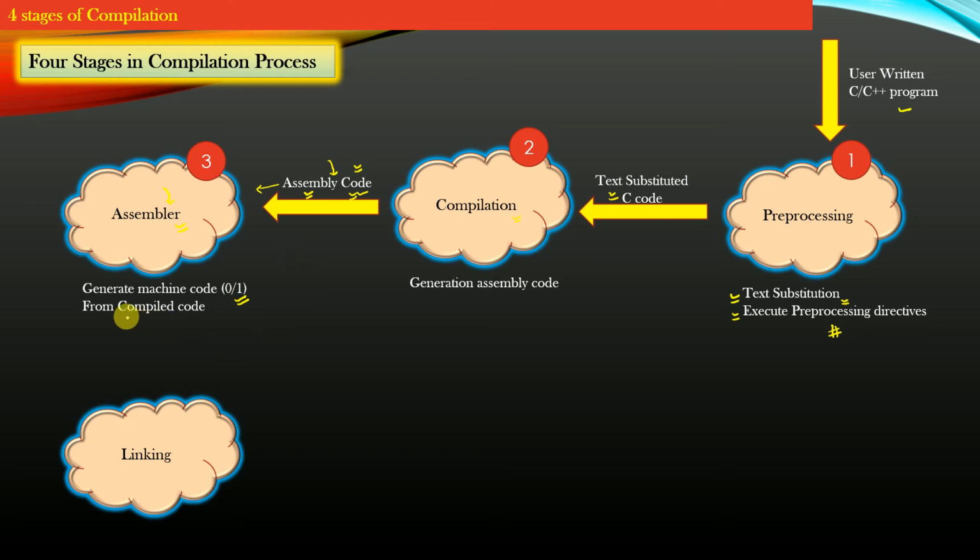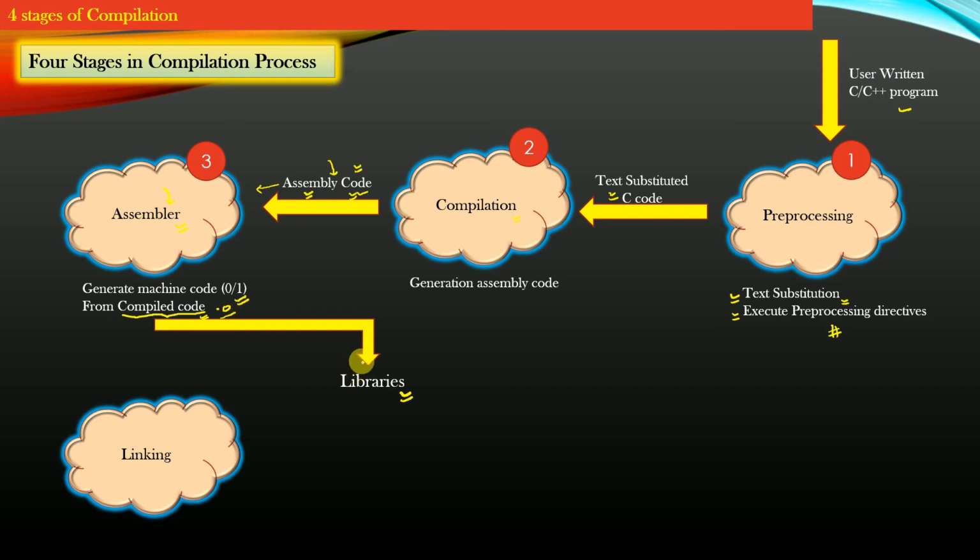Now once you have compiled code, that means your .o files, that is object files. If there are more than one object files, then all of these object files can be grouped together in order to form a library, right? We have already learned that a library is nothing but a collection of object files. And what are object files? Object files are nothing but the compiled machine code or binary code produced by the assembler.